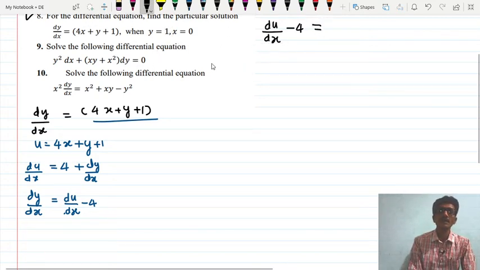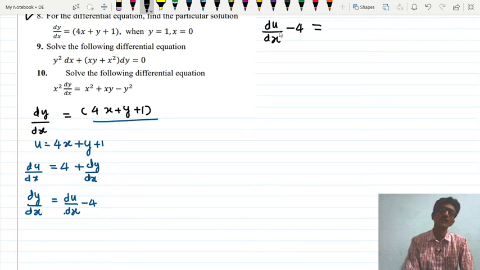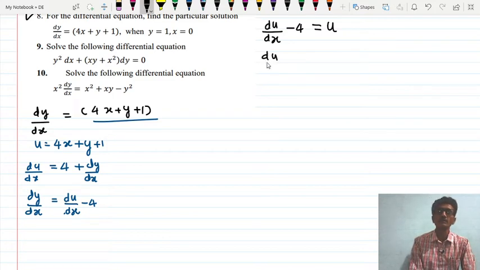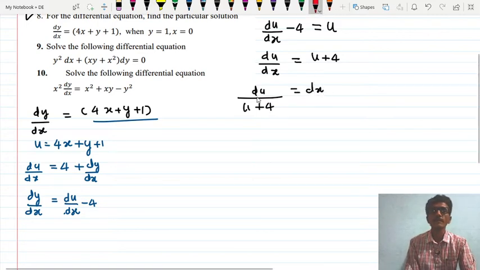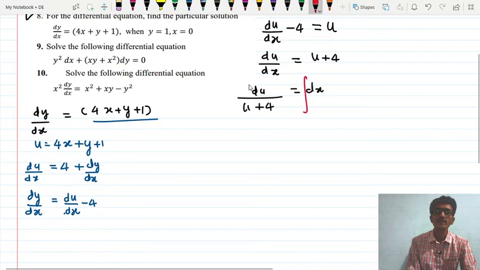Right hand side is 4x plus y plus 1, that is equal to what? u. So it is very simple now. du by dx is equal to u plus 4, and write in variable separable form: du upon (u plus 4) is equal to dx. Integrate this. We integrate both sides.